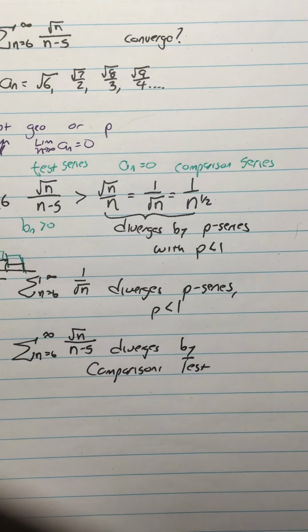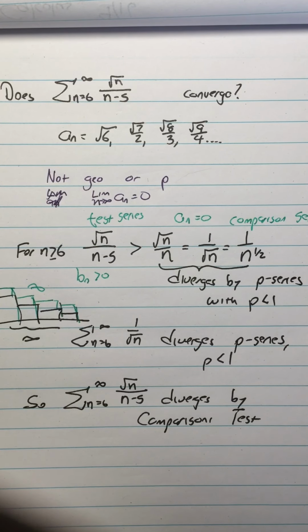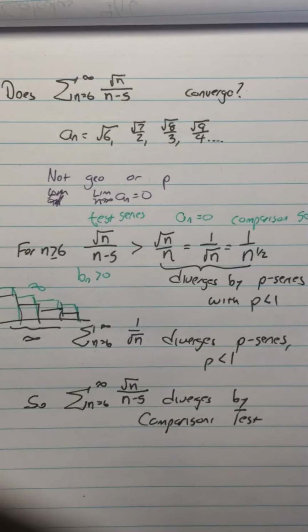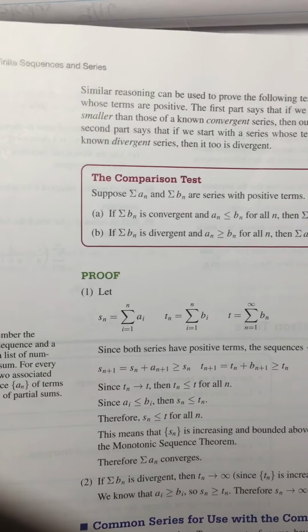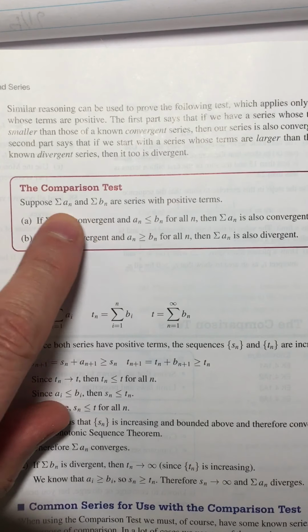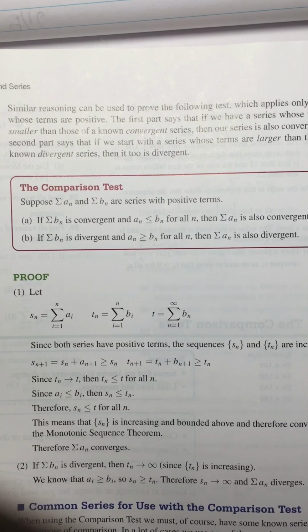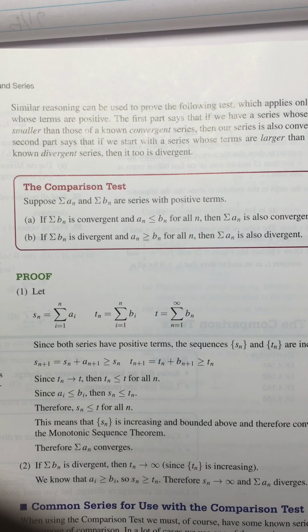All right, so can we summarize these two conclusions? We can, on page 686 of your Stewart-Kokoska, section 9.4. The comparison test. Notice that a sub n and b sub n are series with positive terms. They do something nice, which I haven't done yet, but you'll see me do it eventually.